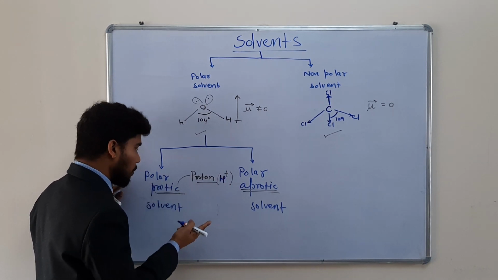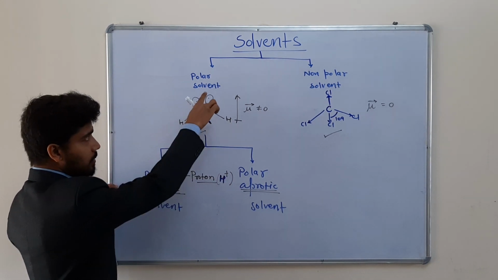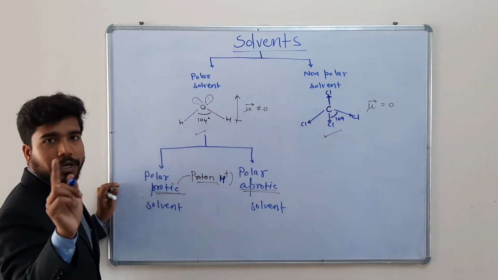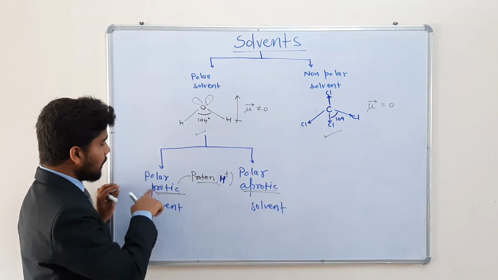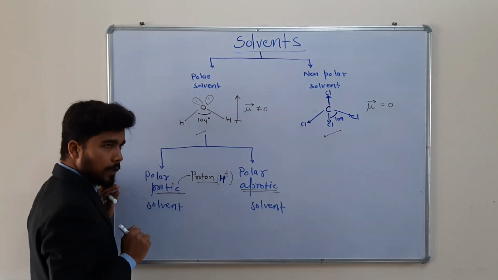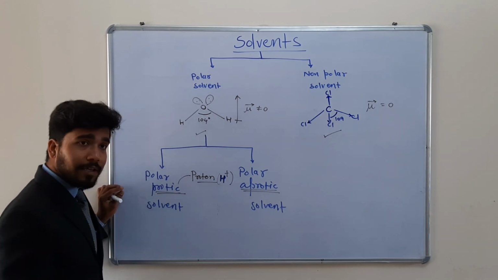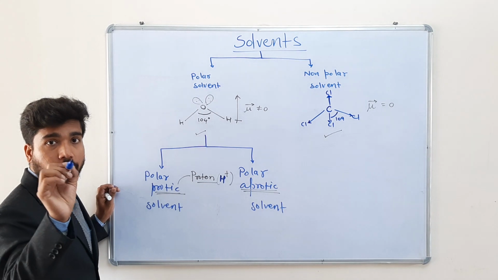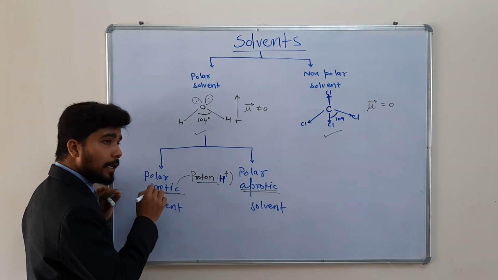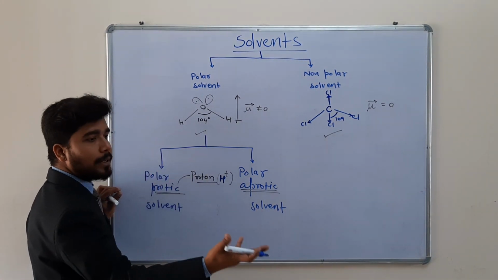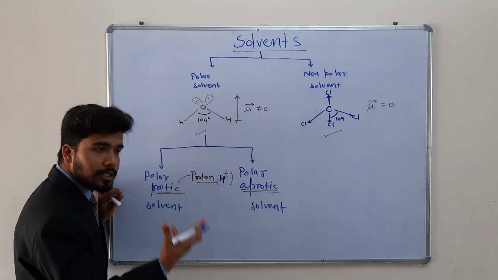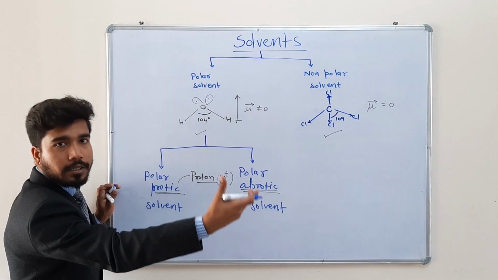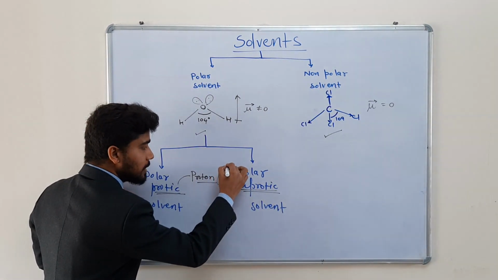So any compound which is polar first of all and capable of donating H plus ion will be a polar protic compound. Now, all the compounds having hydrogen are not capable of donating hydrogen. It should have a hydrogen atom which can be donated to another compound in the form of H plus ions.